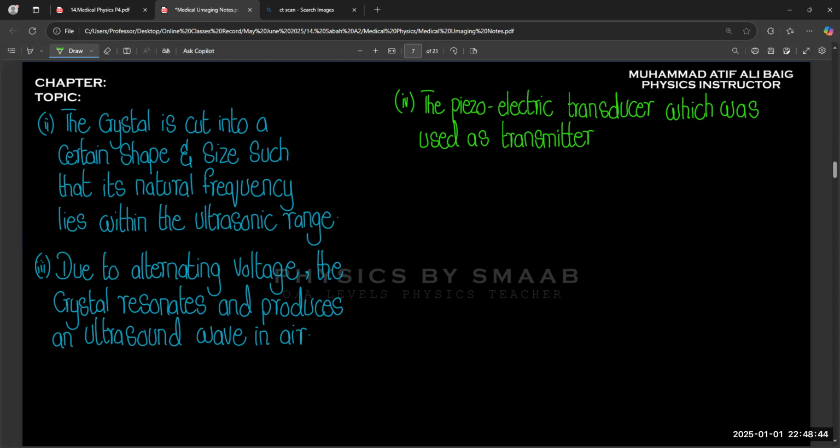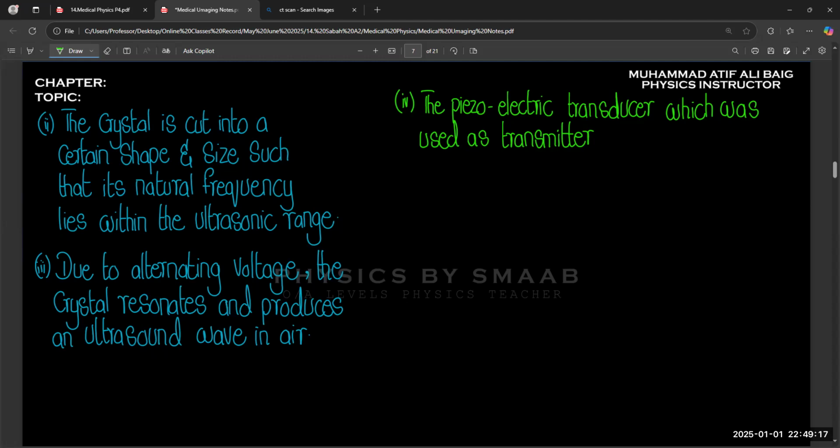And if you remember the concept of echo we studied in IGCSE, we can find out the speed of sound by using the method of echo. Like if we are standing 50 meters away from a wall and we generate sound, the sound first travels 50 meters in the forward direction. So we are the source, we are generating sound, and when it hits the wall and moves in the opposite direction, we are also the receiver of that sound. So we are the source and we are the receiver.